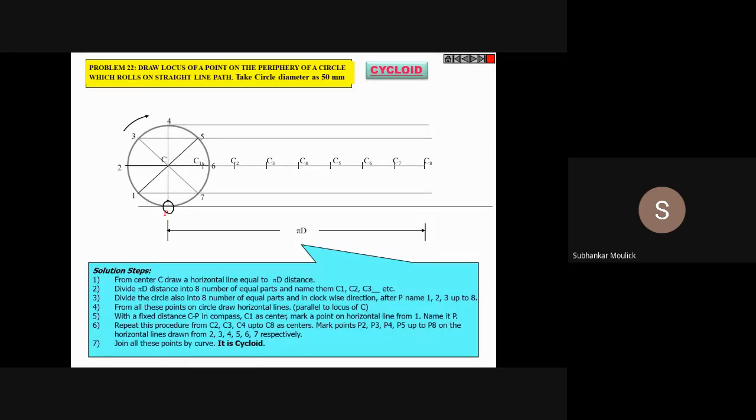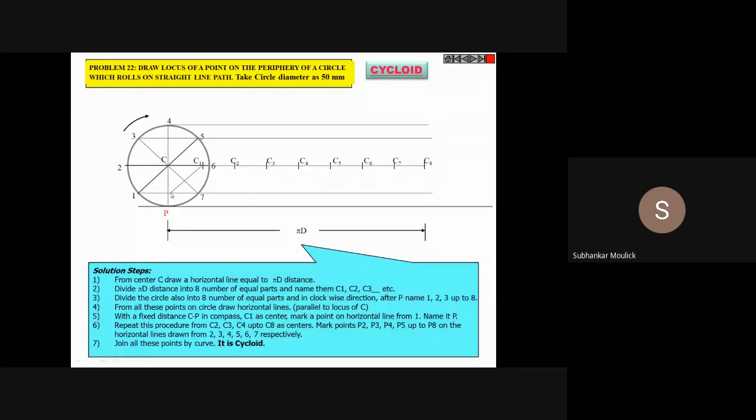Place one leg of your compass at point C1, and on this 1-7 line, since this is center point number 1, identify the first point from the circle. This is that first point, and this is the horizontal line passing through 1. Cut an arc. So you will get your second locus point.